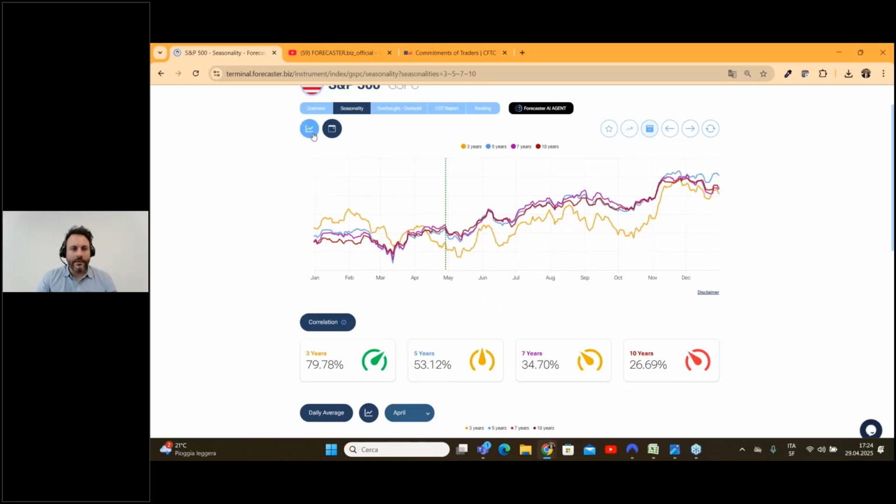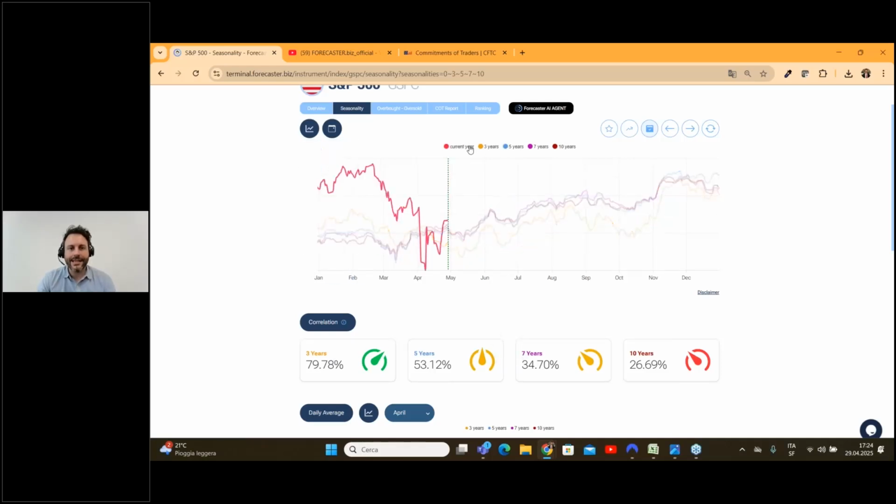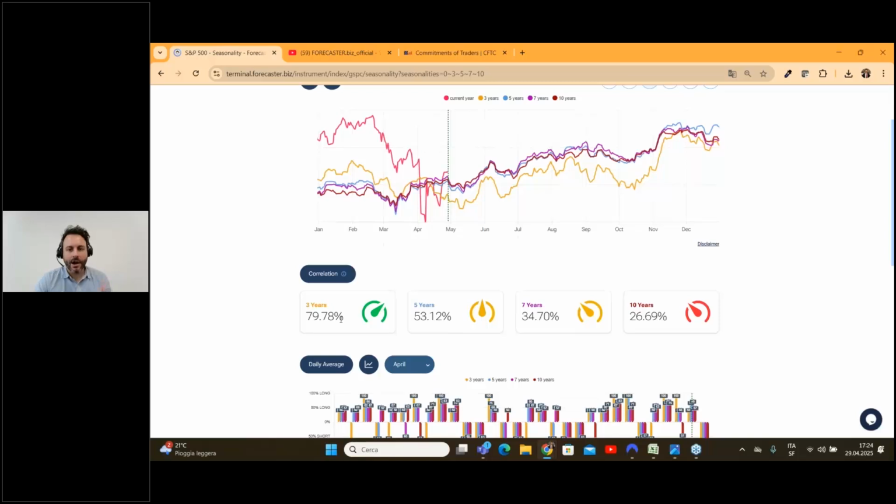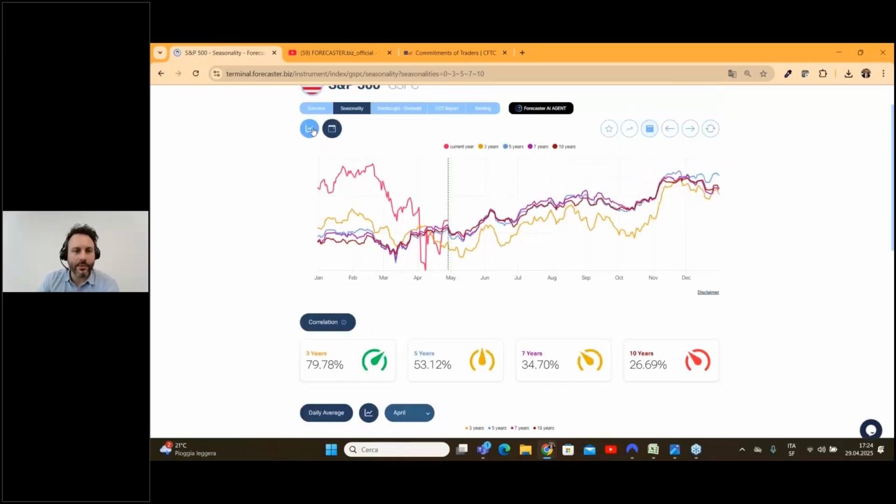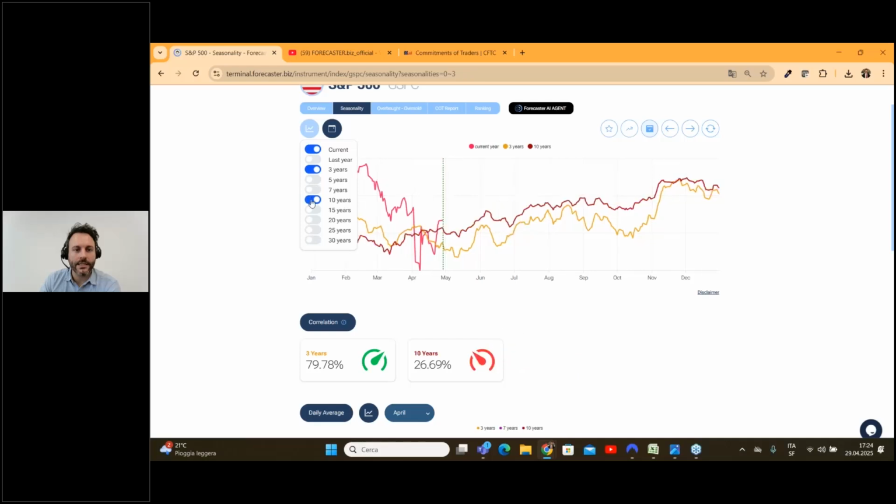At the moment, for example, we know that the current prices, which is the current year for the S&P 500, is very highly correlated only with the 3-year seasonality. So, for example, in this case, we can do something very easy.